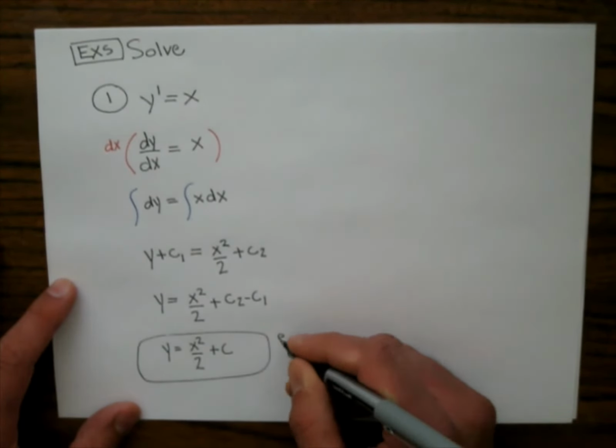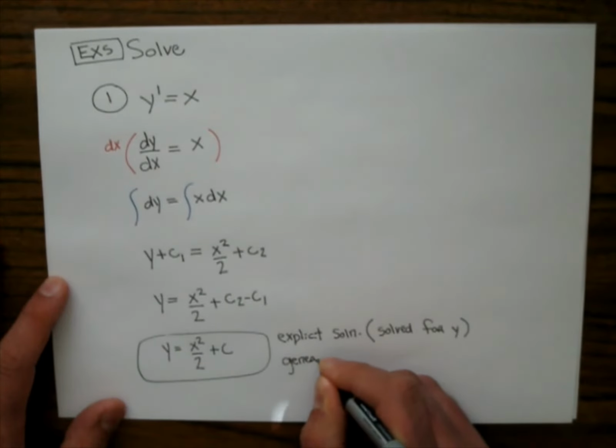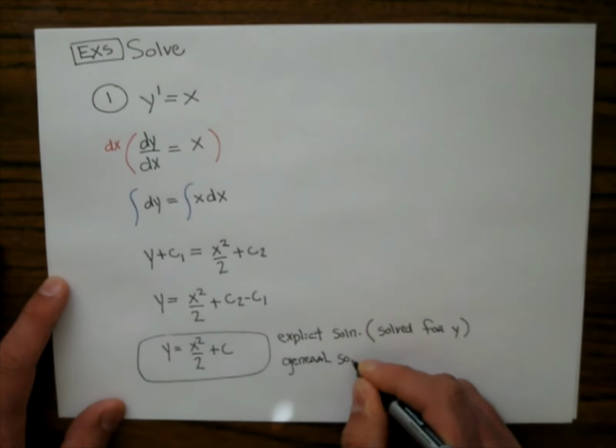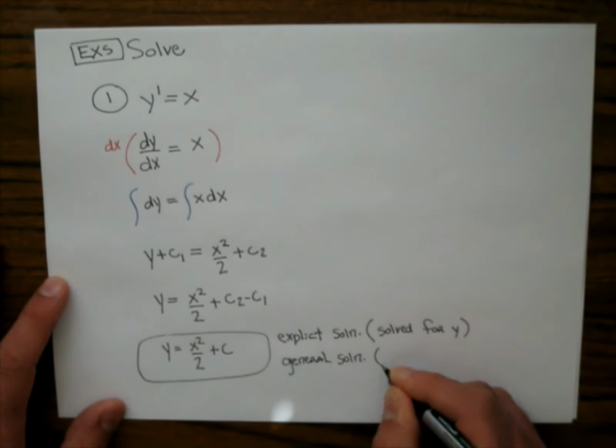It's also called a general solution because it contains constants. Or I'll just say it contains a constant, which is right there.